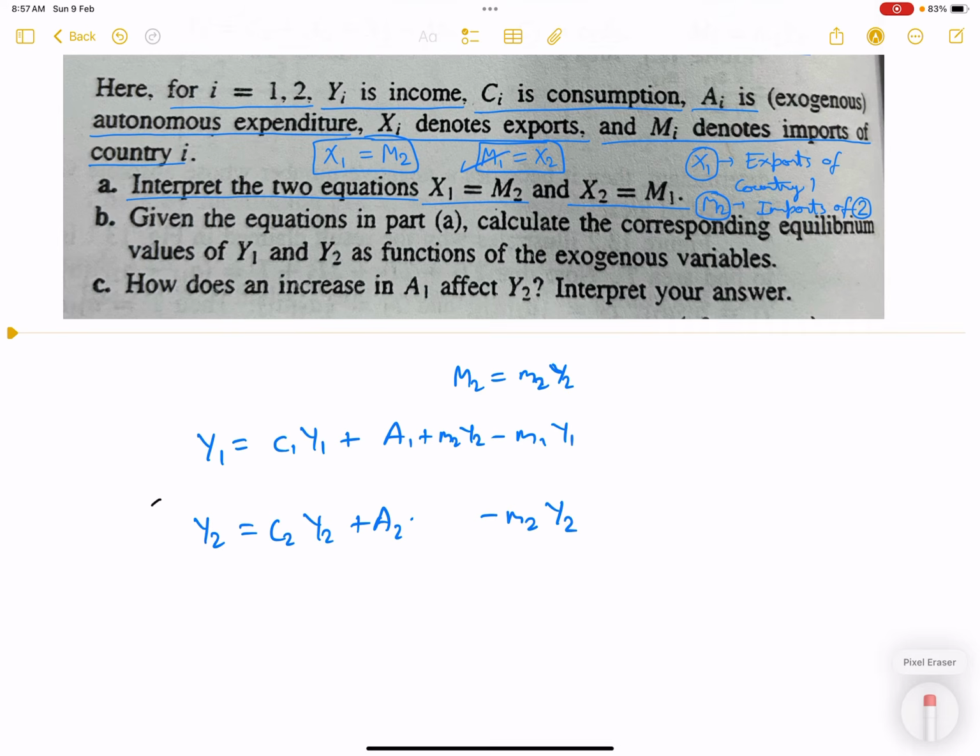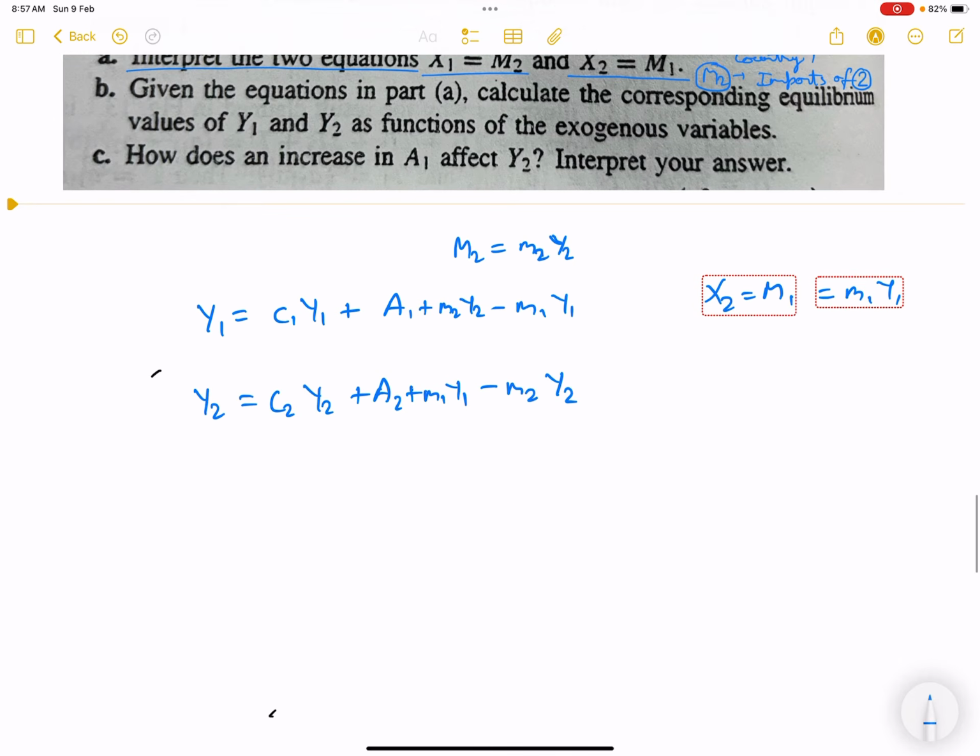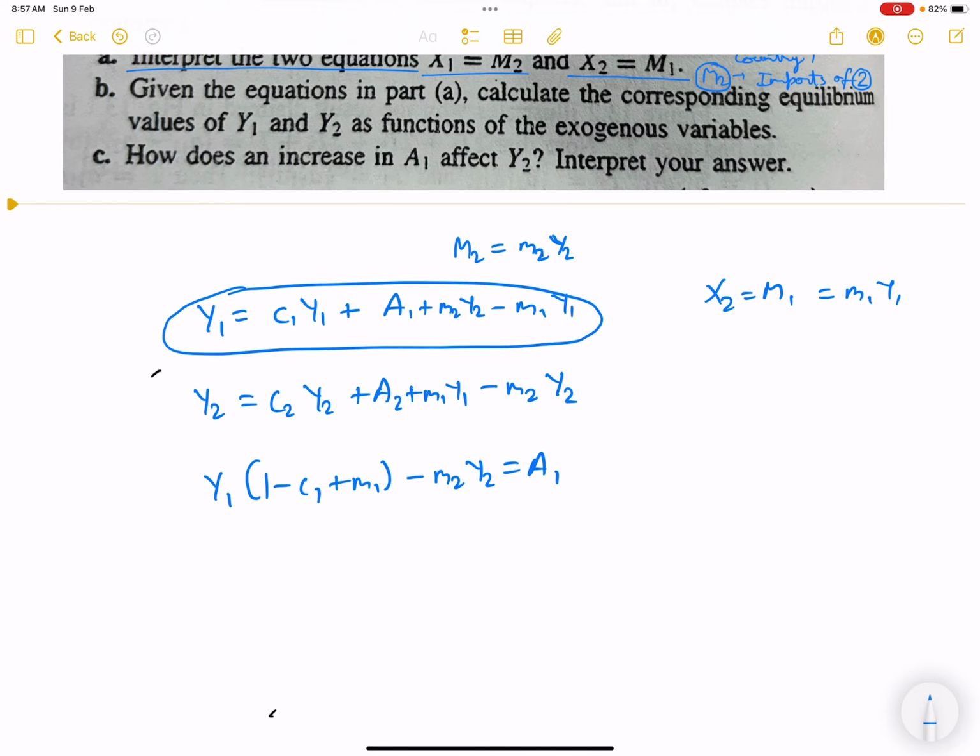Similarly, x2 equals m1, which is m1 y1, so plus m1 y1. Solving this, y1 times (1 minus c1 plus m1) minus m2 y2 equals a1. So on solving this particular equation, substituting the values and solving, we have found this.